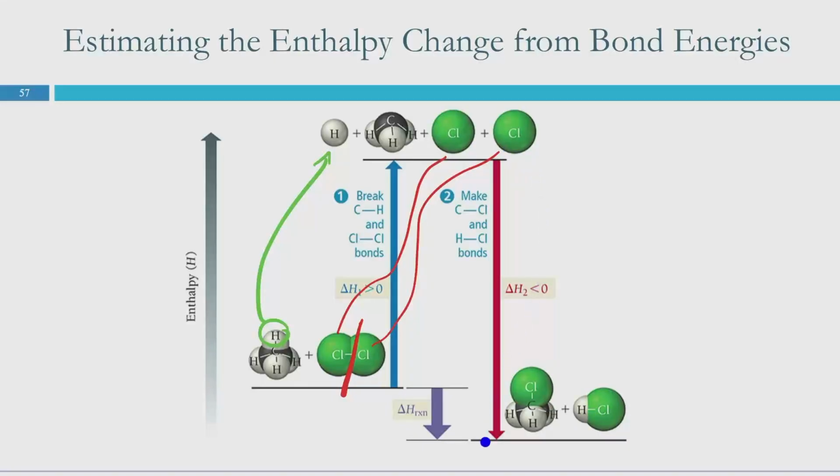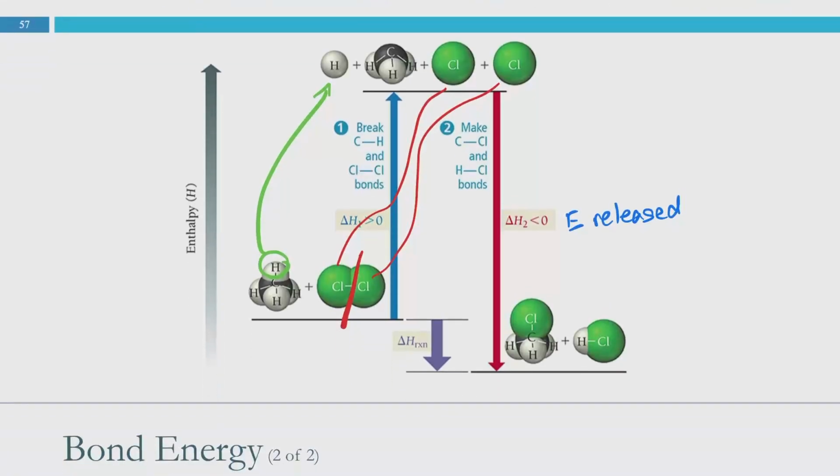And because energy is being released, it's becoming more stable. And if we add together these two arrows, our overall change in enthalpy of the reaction is negative. So overall, this is an exothermic reaction. So this is like a visual of what we'll be doing to solve problems with bond energies.